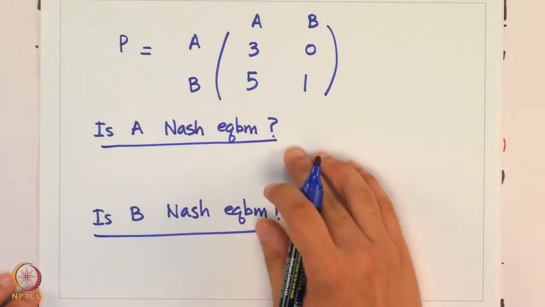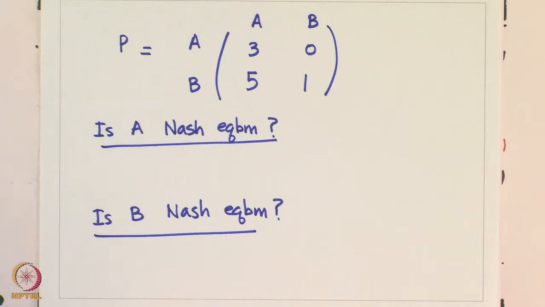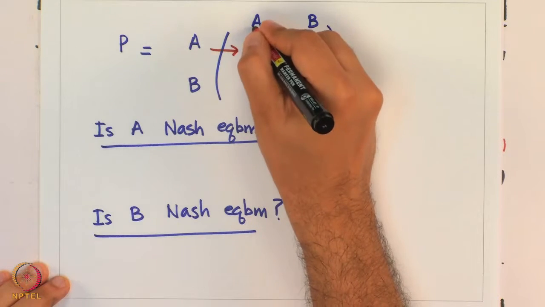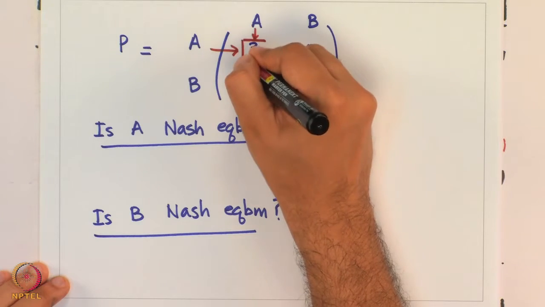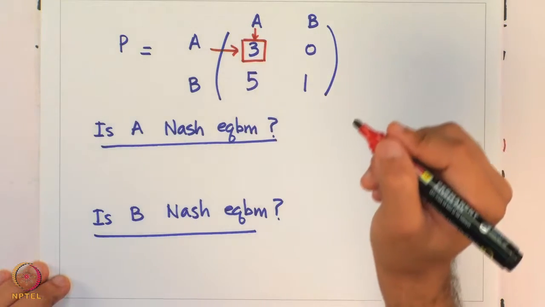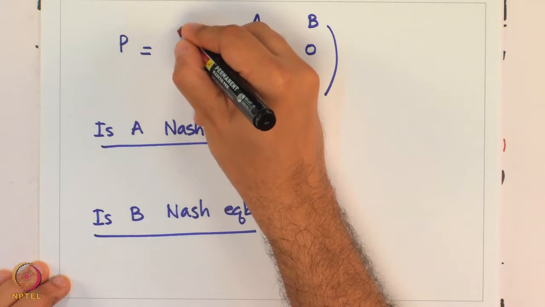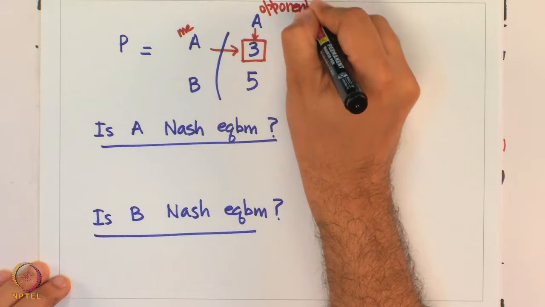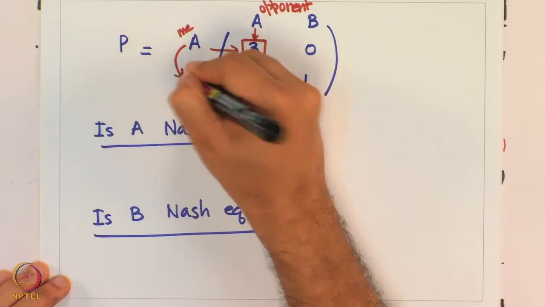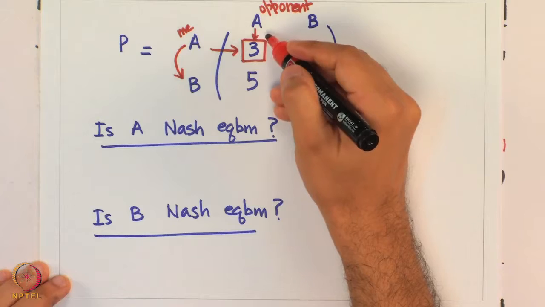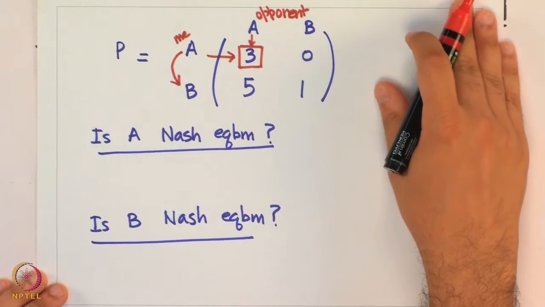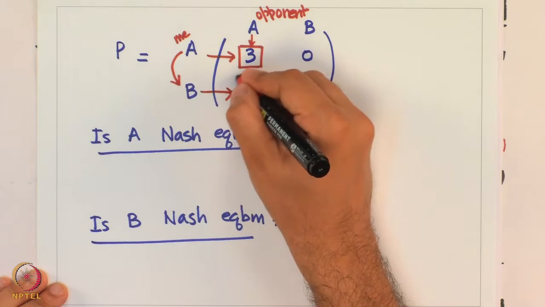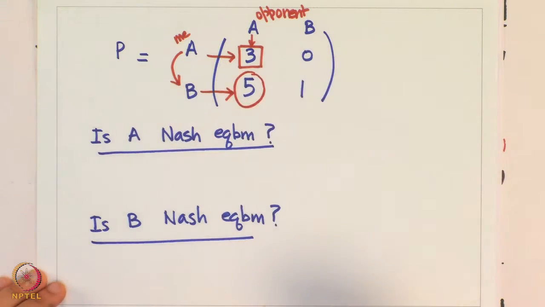Now, if A was a Nash equilibrium, that means both the players are playing strategy A. So, A is playing A and the payoff associated is equal to 3. Now, if this is me and this is my opponent, then if I switch my strategy to B, my opponent sticks to strategy A. If that happens, then my strategy is B, the opponent's strategy is A, and hence I increase my payoff from 3 to 5.